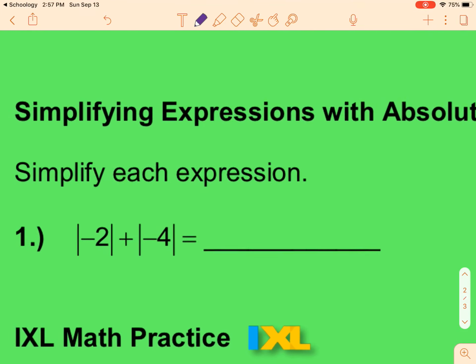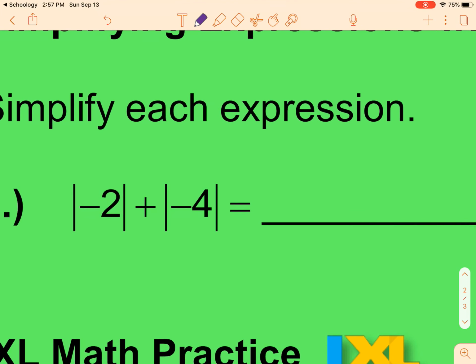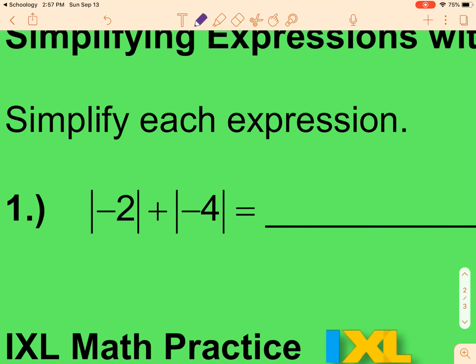Alright, and our last section, we are going to simplify each expression. To do this, we need to simplify our absolute values. The absolute value of -2 changes to 2, and then we have the plus sign, so we're going to keep that. And then the absolute value of -4 is 4. So 2 plus 4 gives us 6. Great work.